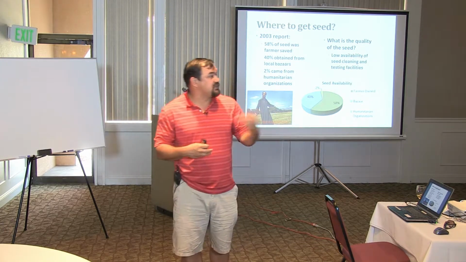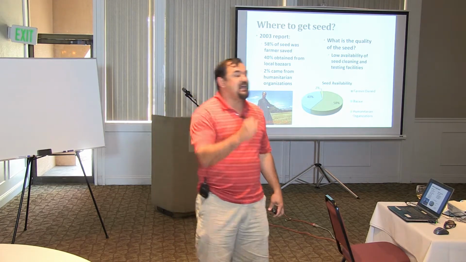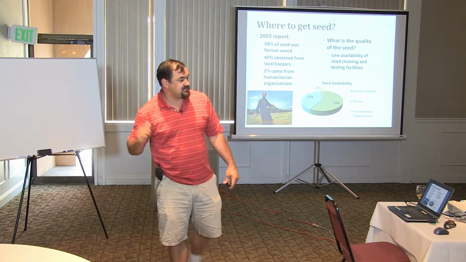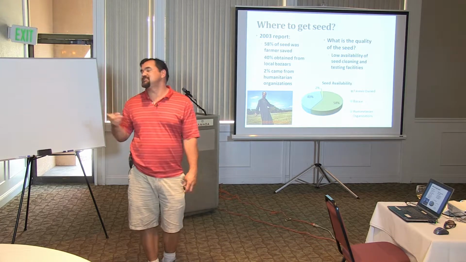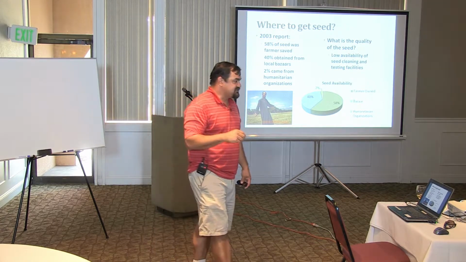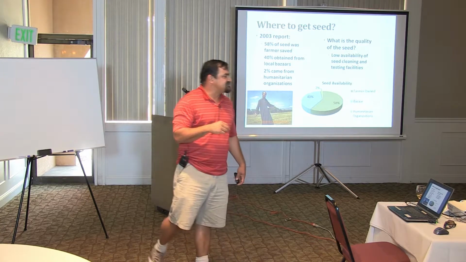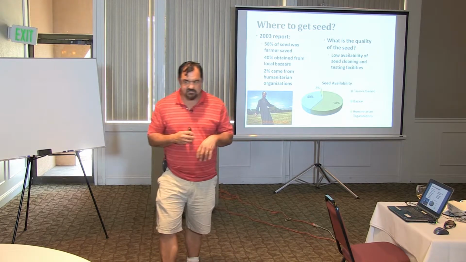He goes to the local bazaar when it's time to plant. He finds somebody who's selling grain. He buys that grain, and that's going to be the grain that he uses to plant his fields. The last 2% comes from those humanitarian organizations. The main one we're going to talk about is CIMMYT. It's the Maize and Wheat Research Group.